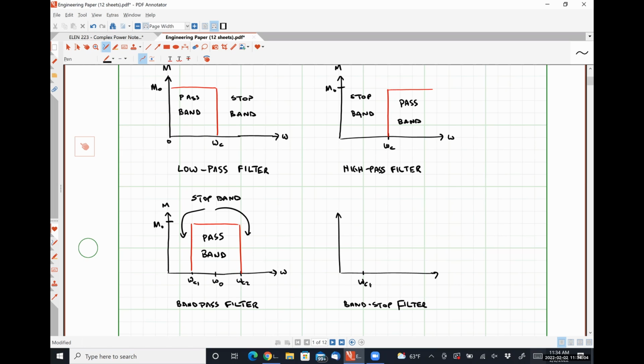So we're going to have a low frequency corner, a high frequency corner, a center frequency, and we're going to have this response, where everything between omega C1 and omega C2 is our stop band, and everything below omega C1 and above omega C2 are our pass bands.